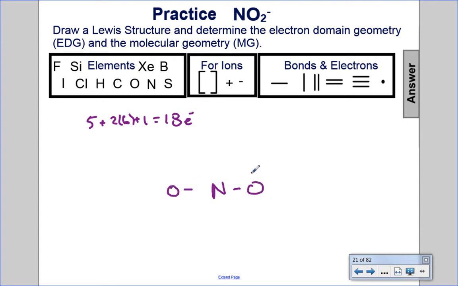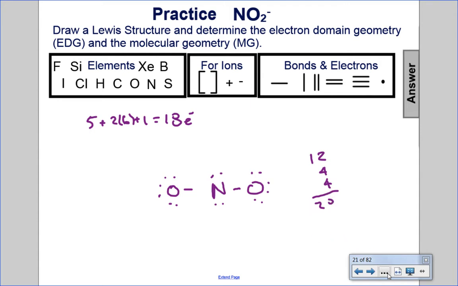Put our O's on the sides, draw our electrons to get to 8. Let's count them. 6 around each oxygen is 12. 4 around the nitrogen is 4. And the 2 bonds is also 4, adding up to 20, which means that we're going to have resonance here.